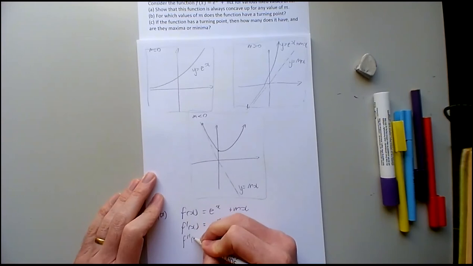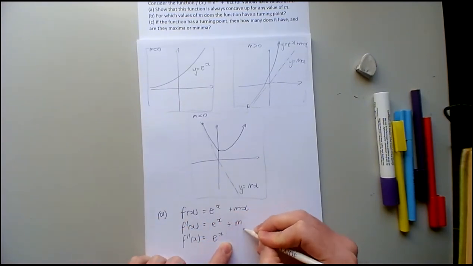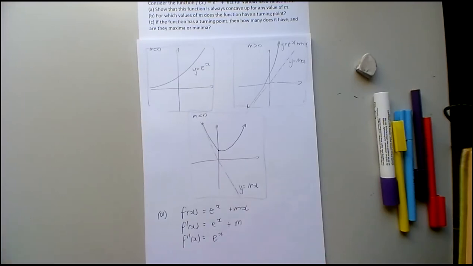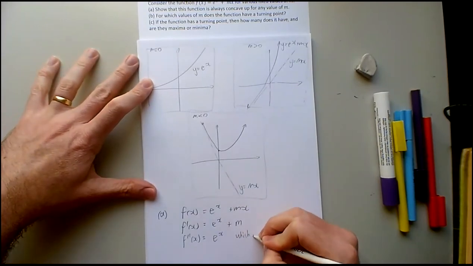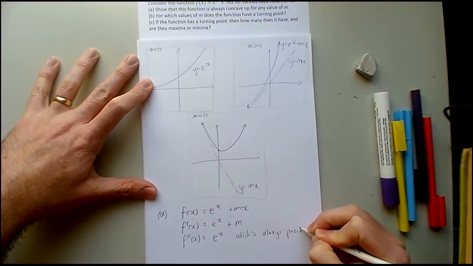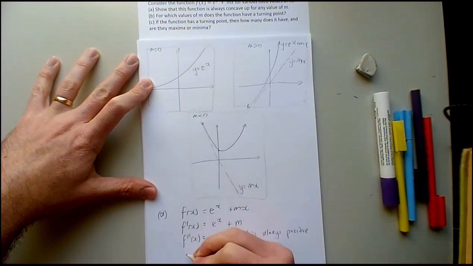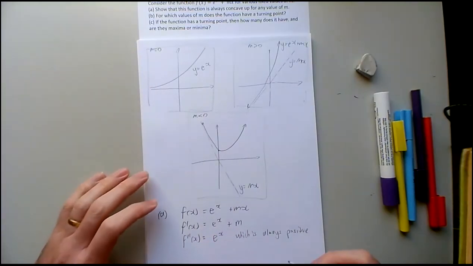And then f double dashed: the derivative of e to the x is still e to the x, and the derivative of a constant is 0. And so I just get that. And e to the power of x is never negative, it's always positive. So since the second derivative is always positive, it must always be concave up.